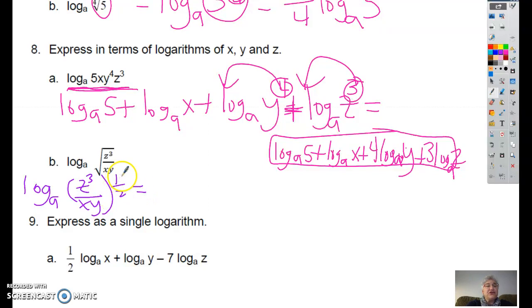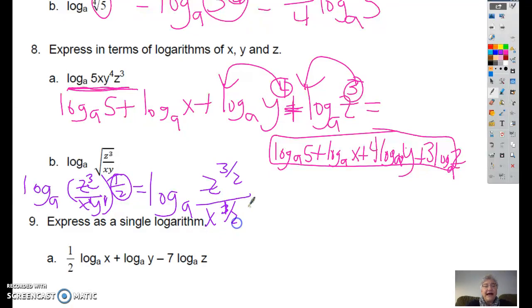So now I'm going to distribute, because that's what we do with power to a power. Every exponent, including the ones you don't see, get raised to that 1/2 power. Log base A of z to the 3/2 over x to the 3, nope, sorry, x to the 1/2 and then y to the 1/2.